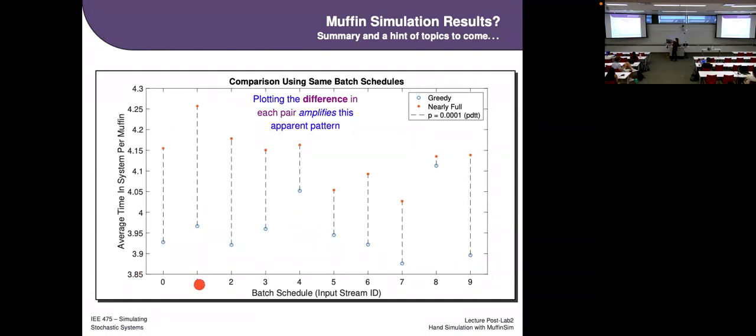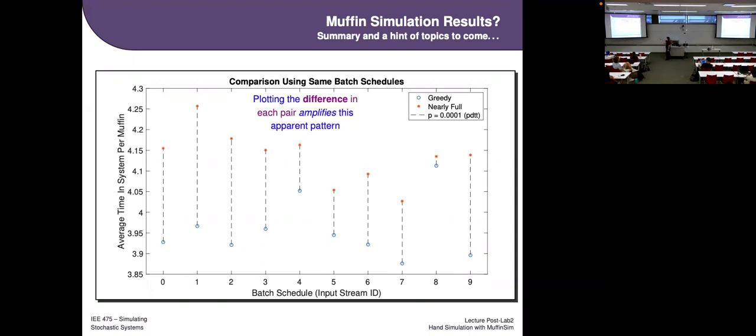So now the x-axis are the ASU IDs. So now I can see that for the ASU IDs that ended in 0, this is the greedy data they got, this is the nearly full. The one that is in 1 got this. And notice again, in this visualization, all the red dots, all the nearly fulls, are for every single schedule always greater than the open circles, the greedy dots at the bottom here.